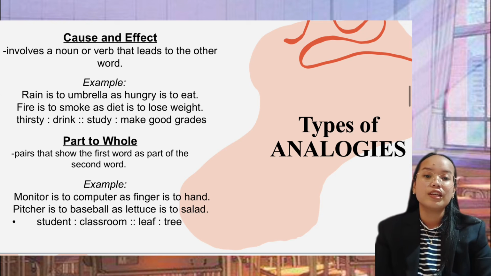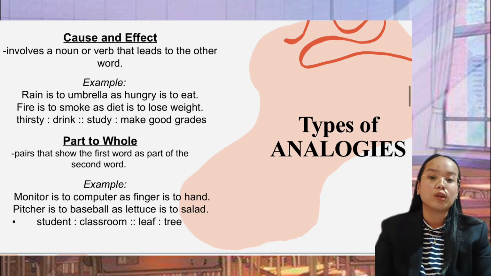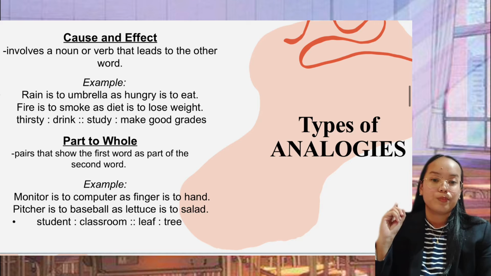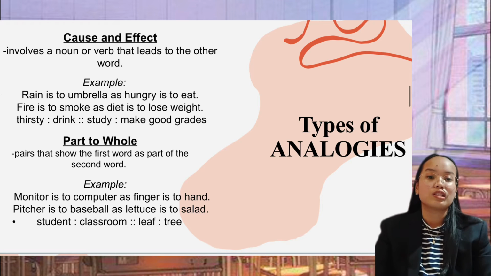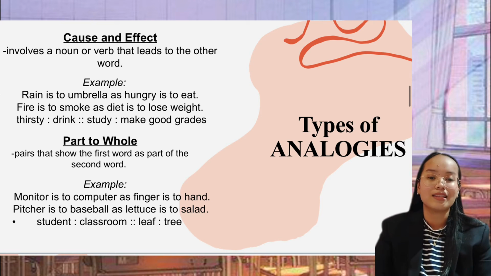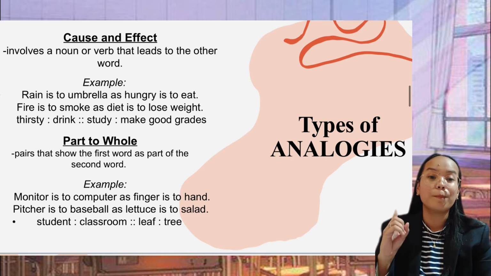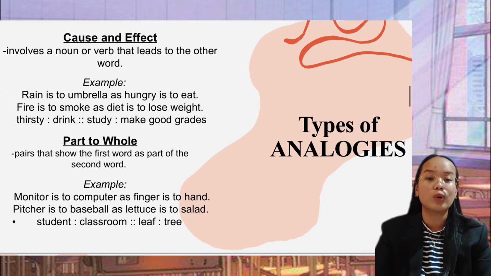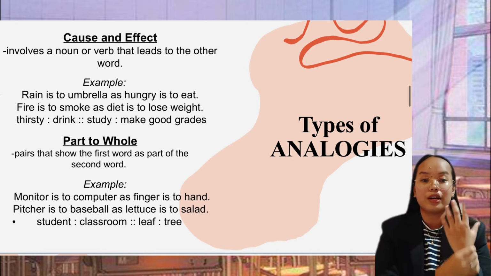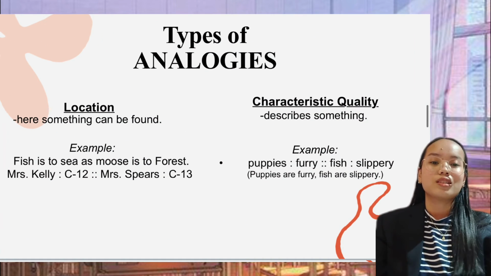This relation, part to whole, simply shows pairs where the first word is part of the second word. For example, monitor is to computer as well as fingers is to hands. As we all know, a monitor is one component or one part of a computer, as well as our fingers are part of our hand. Fifth is location.